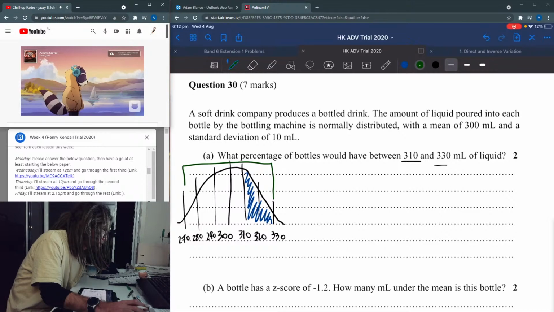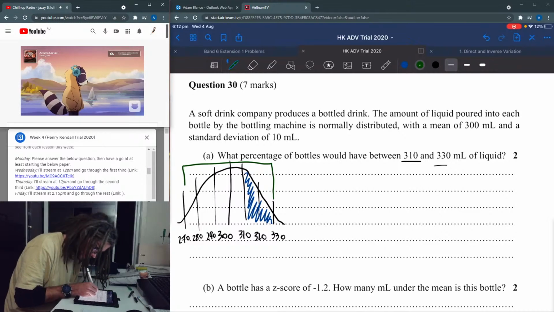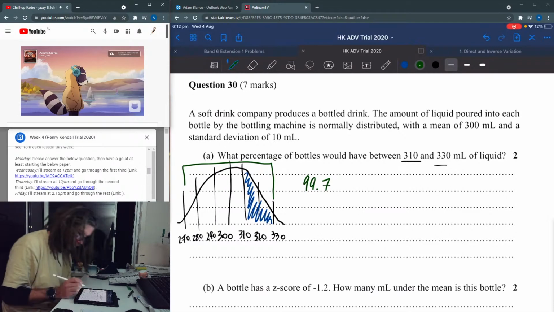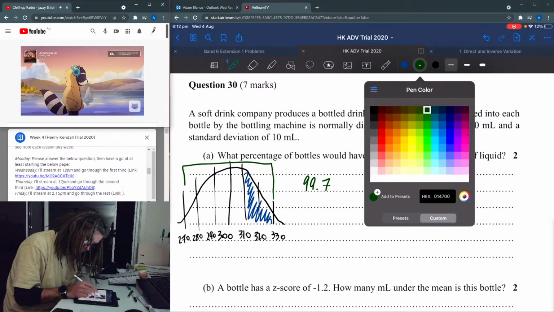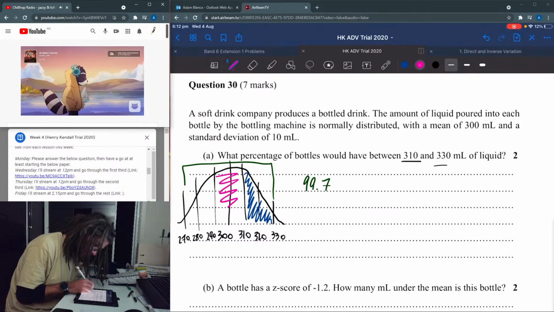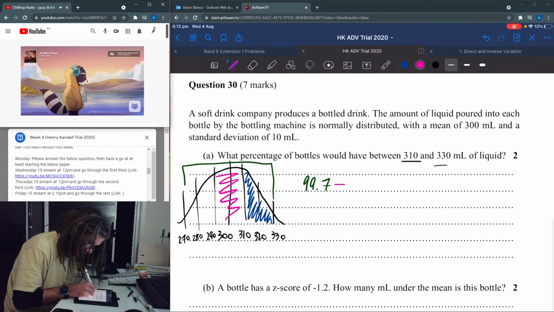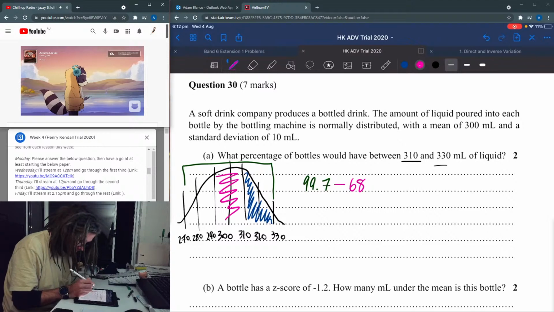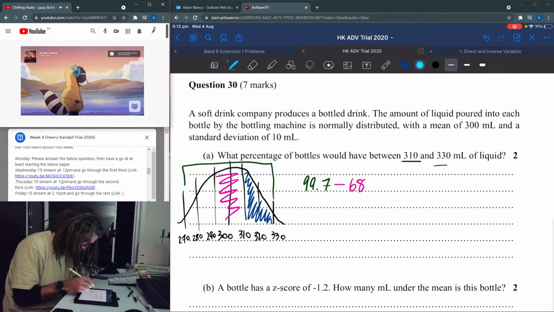Help me reference sheet. No, it is 99.7. Okay, so that's 99.7. I want to take away this part. So take away the 68%. Okay, so that's gone. What else do I want to take away?